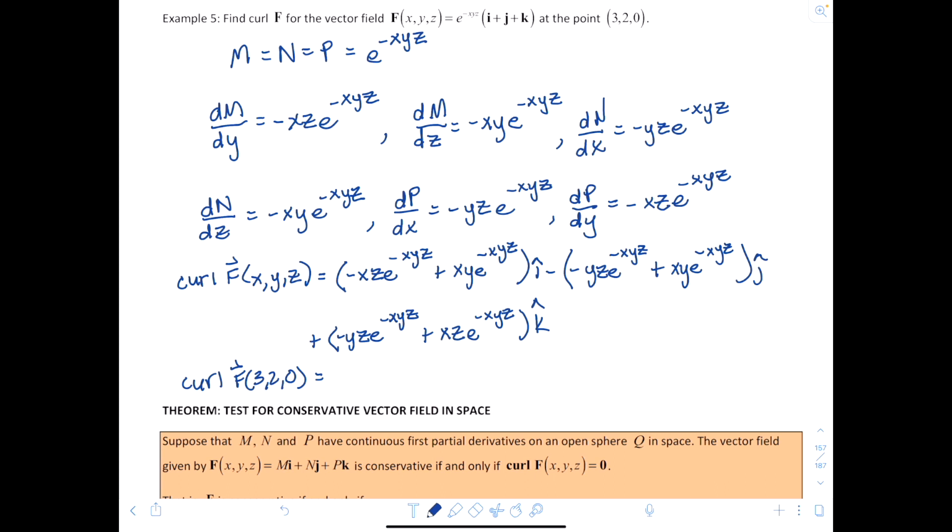So this one, I'll just go here. This one will end up getting 6 because 3 times 2 times 1. This one will zero out. This one will zero out. This one will be 6.